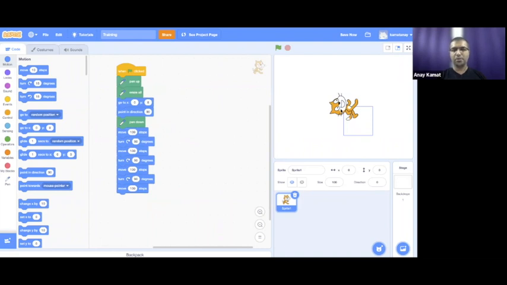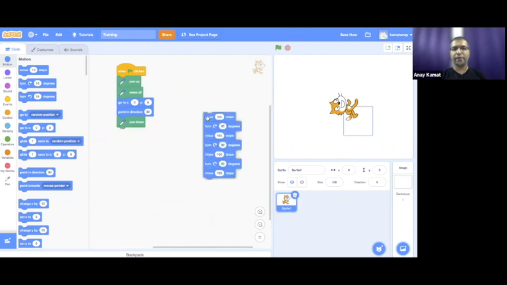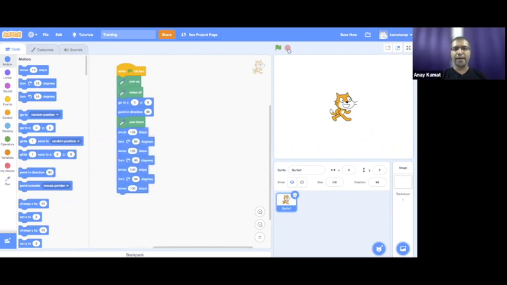But going by our good habits that we were talking about, let us always keep the cat in the position it was at the beginning. When we started, where was it facing? It was facing towards the left. Now when it ends, because of our steps, it's actually the same position.